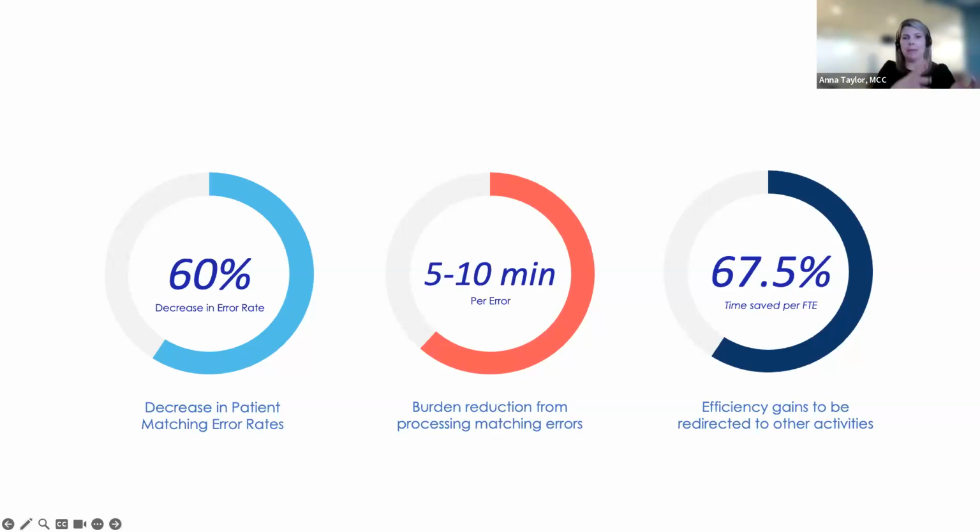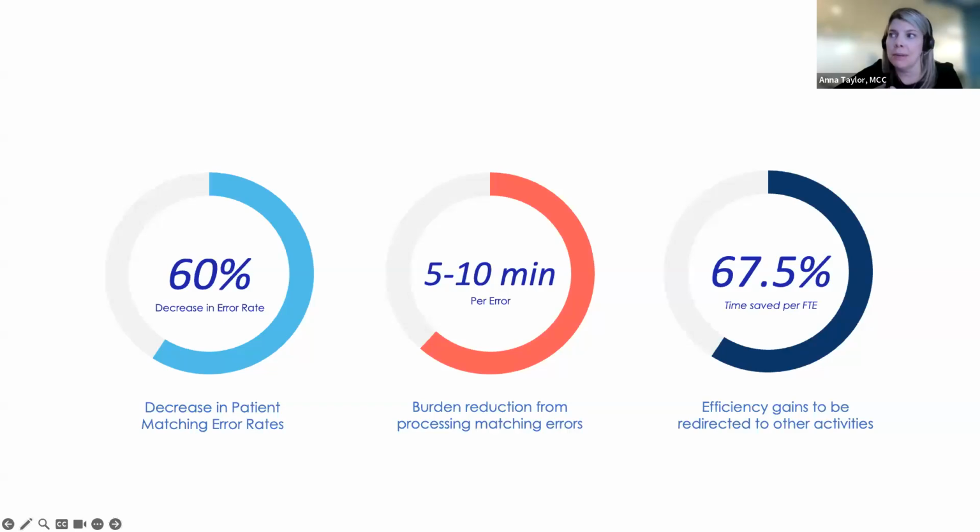And when we put the API in place, we were able to decrease our error rate by 60%. Being able to do that means that I free up somebody else's time to do patient matching for the more complex, like twins or long, complicated names. We were able to match 95 to 98% of people that first time through, instead of the standard rate that you see in the industry, which is somewhere between 70 and 85%, depending on what your workflow is.